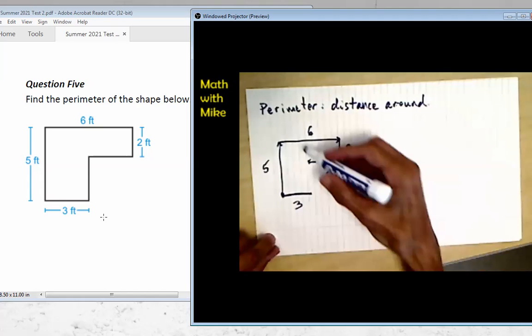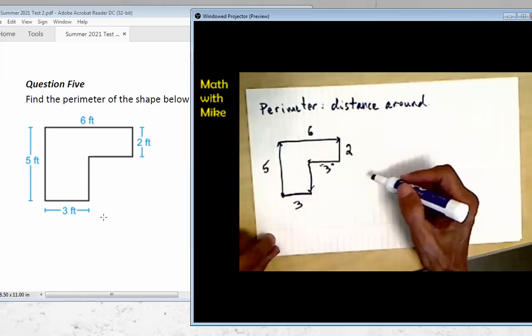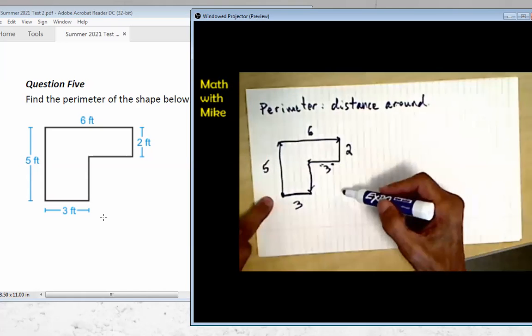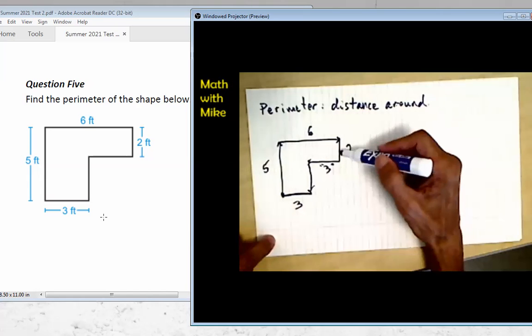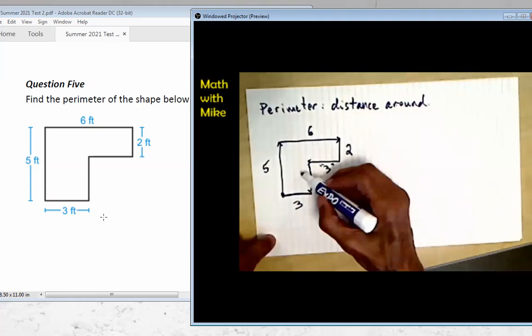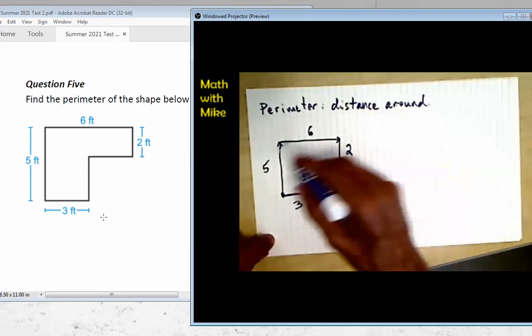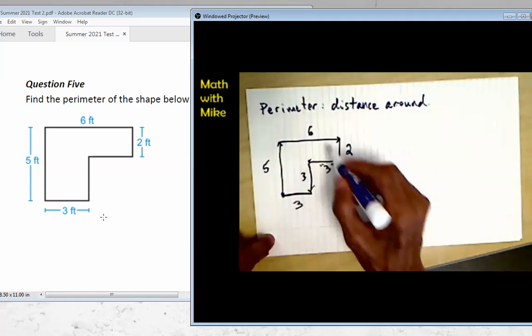Same thoughts here. No number, but it's 5 going from the top all the way down to the bottom. This part is 2. So how long does this section have to be? 3. And so then going all the way around, you add up all these pieces together, right?